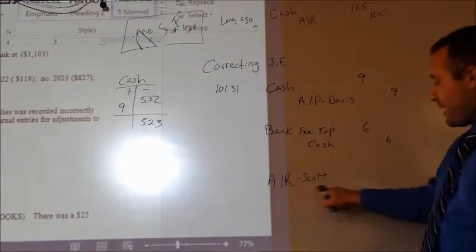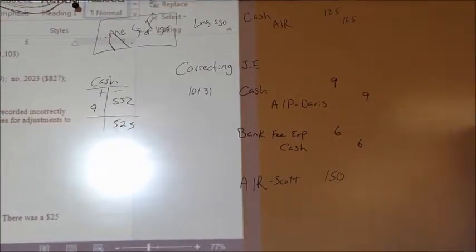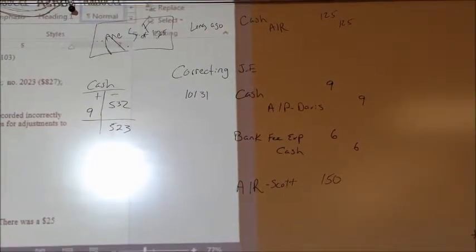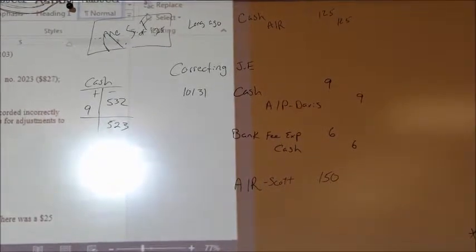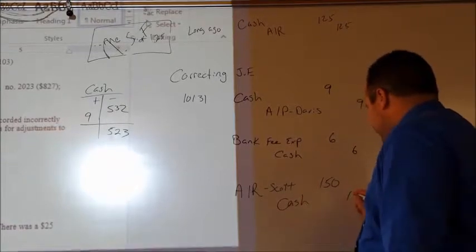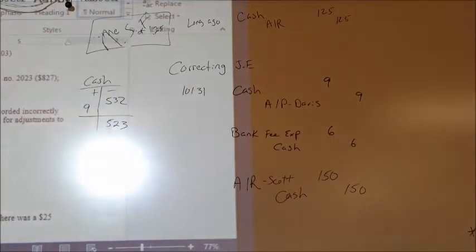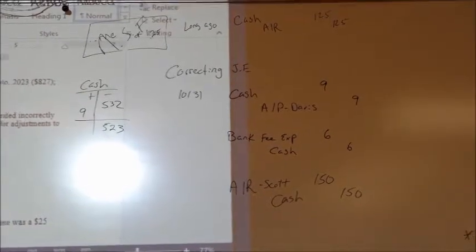So instead of going back on my books for $125, Scott owes me $150. Because I lost $150: the $125 that I thought I had, and then the bank took out another $25 of my money.